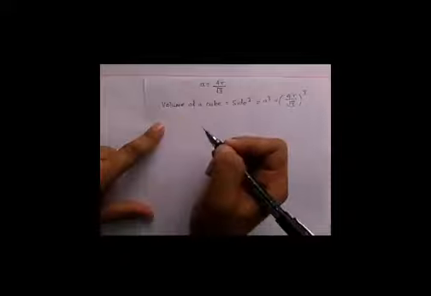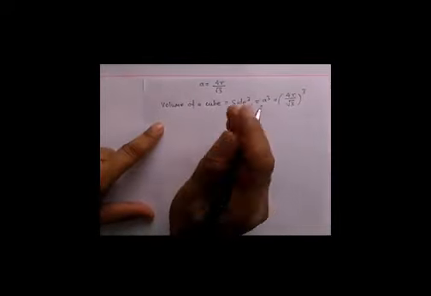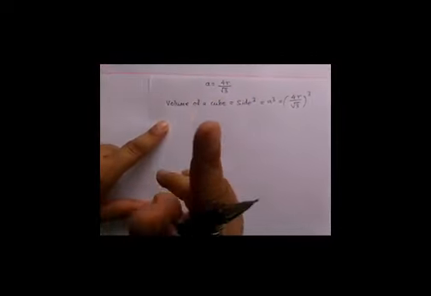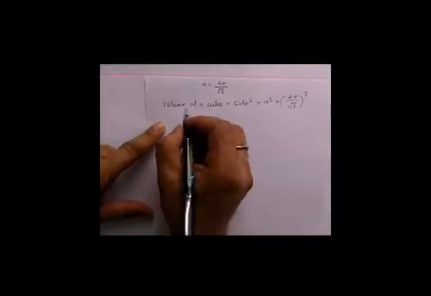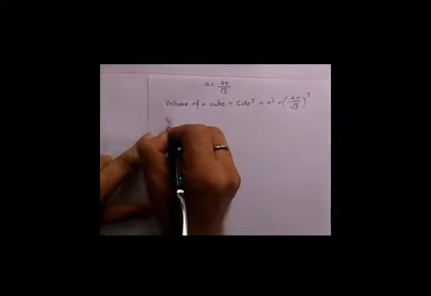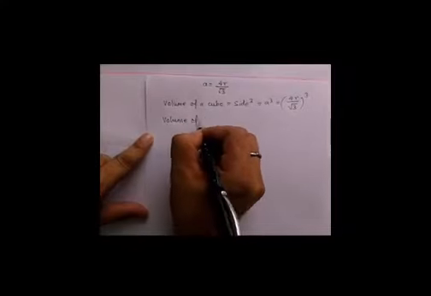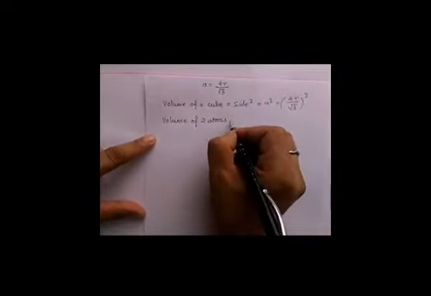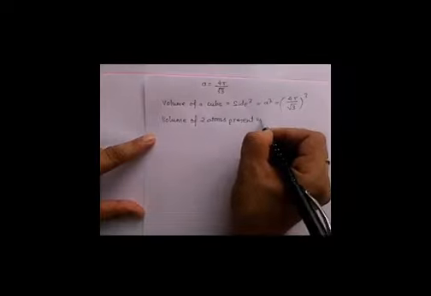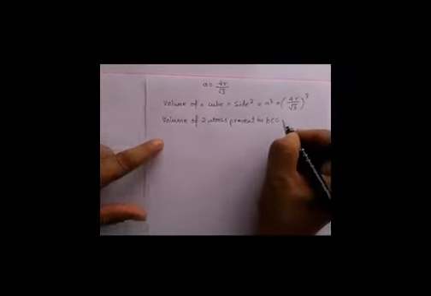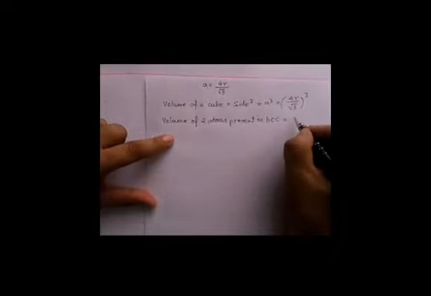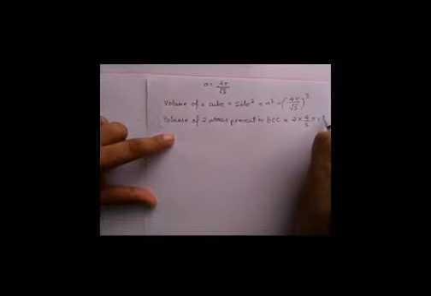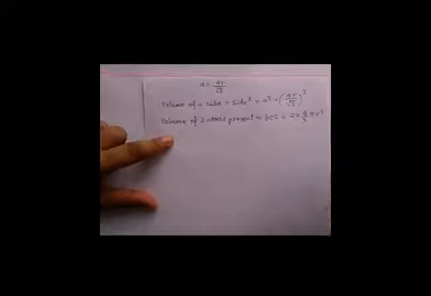Why are we taking two? Because the body centered cube has, on an average, a total of two spheres. So the volume of two atoms or spheres present in BCC is equal to 2 into 4 by 3 pi r cube. That's the volume of sphere.